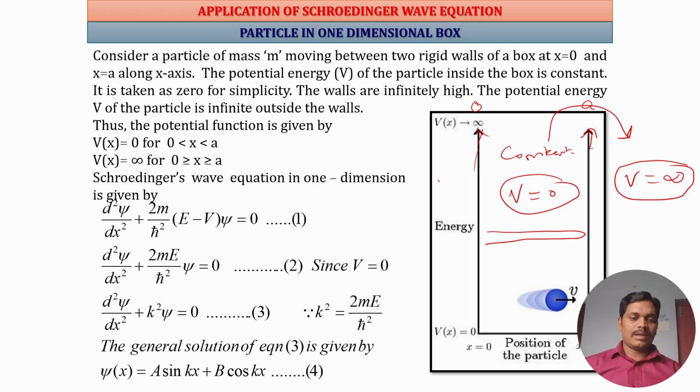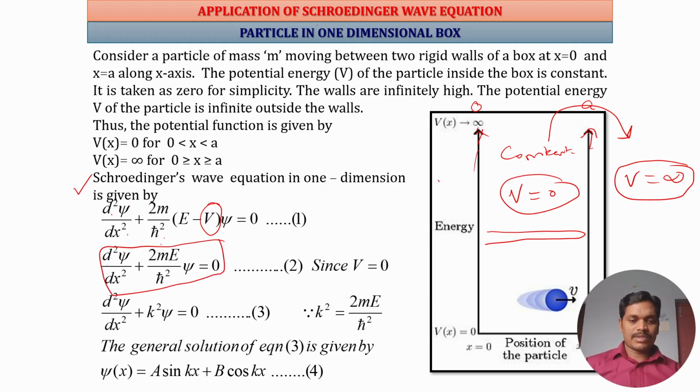So in that concern, as we have already discussed, the Schrodinger wave equation in one dimension is d square psi by dx square plus 2m by h cross square into E minus V into psi equal to 0. As we have assumed here, the particle is constant inside the potential box, potential well. For sake of simplicity, the V is taken as 0. So that equation 1 can be written as d square psi by dx square plus 2mE by h cross square into psi equal to 0.